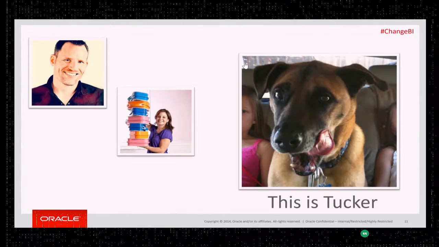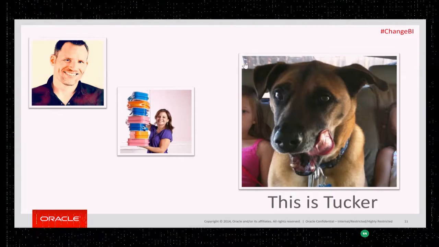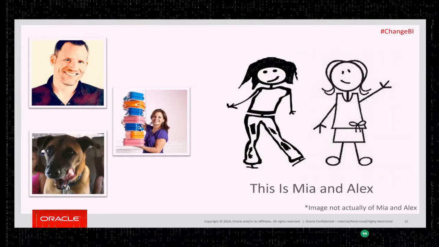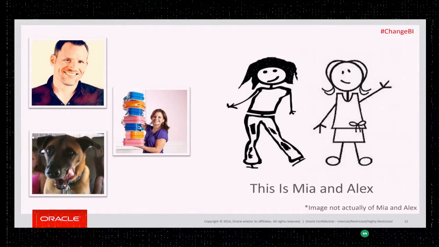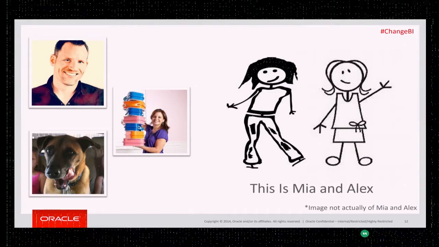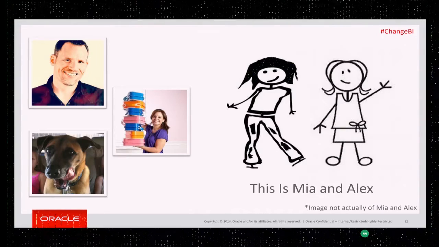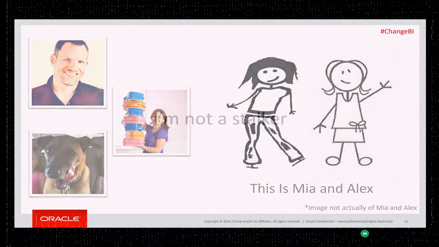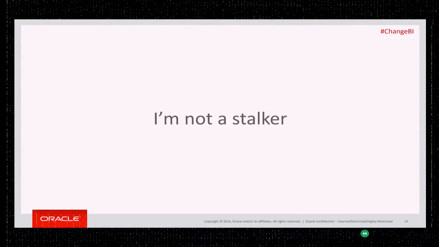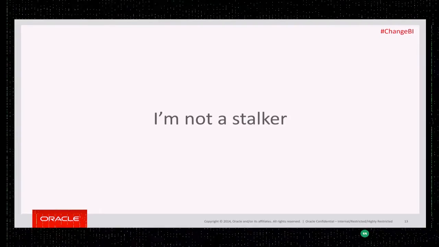Unfortunately, Tucker passed away. That's kind of a downer, but they have a great dog called Tucker, and 2 daughters, Mia and Alex, who just graduated this year. And I was putting this deck together, and I thought, wow, I kind of come off a little bit weird talking about these people. But the point I'm trying to make is I've only met them once.